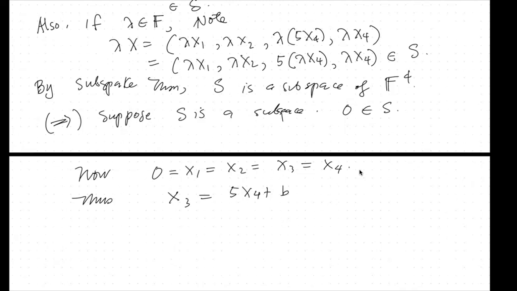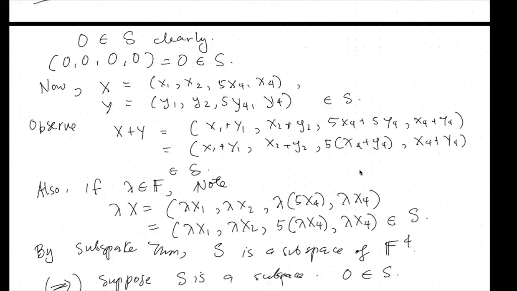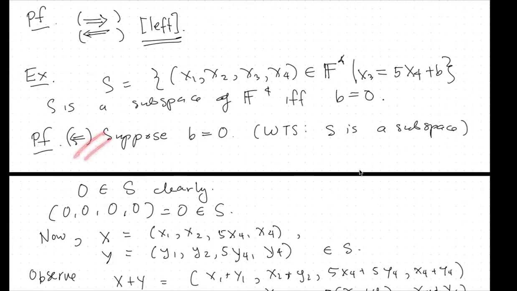We know that here this is 0, this is 0, this is 5 times 0 plus b, and this gives us b is equal to 0. Thus completing the proof. So we have shown this direction, and also we have shown the reverse direction.